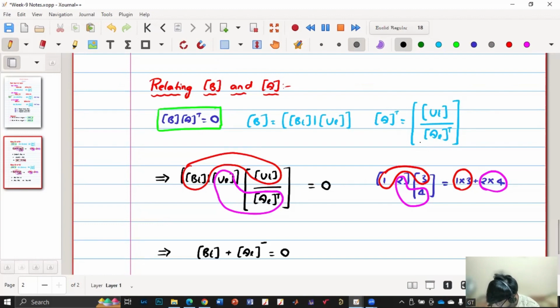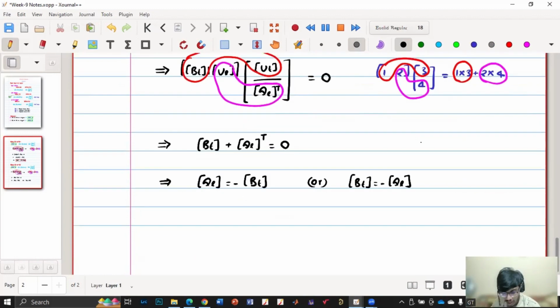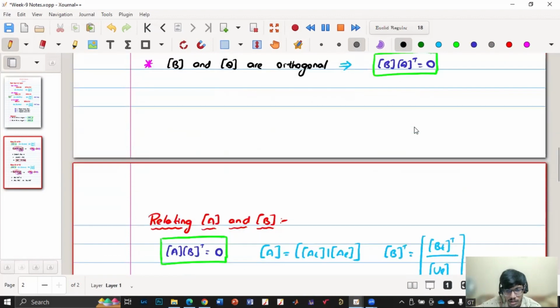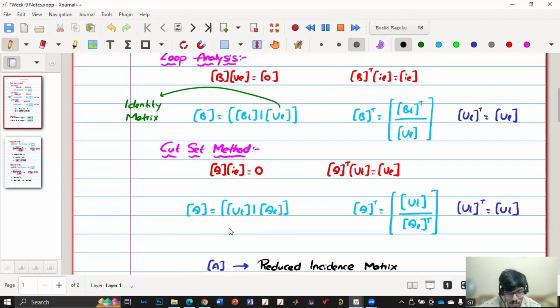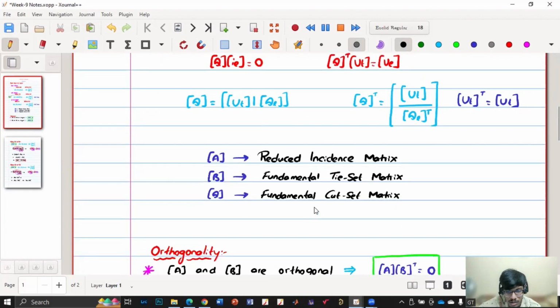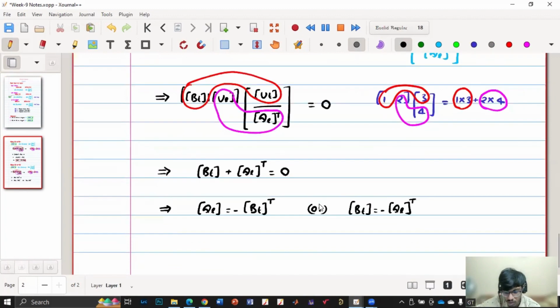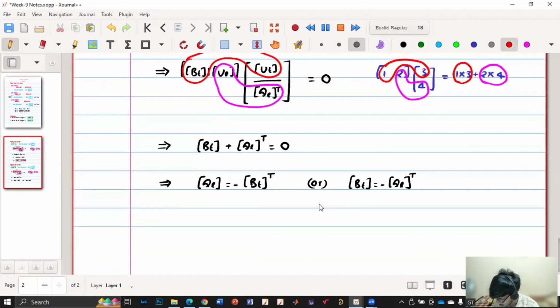So QL transpose is equals to minus BT, or QL is minus BT transpose and BT is minus QL transpose. So this was the mistake. If you are doing Q transpose, it will be UT transpose and this will be QL transpose. That mistake got carried over here as we have copy pasted.